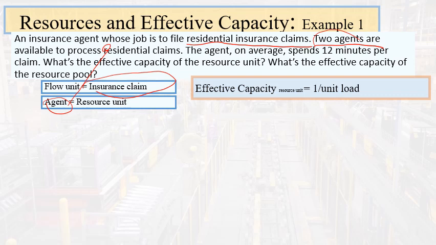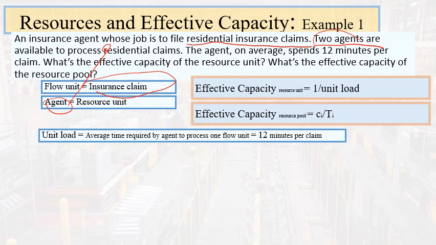Now we have two equations that we might be using: the effective capacity for one resource unit, and then the effective capacity of the resource pool. Now the first thing we want to do is calculate TI, which is the unit load.